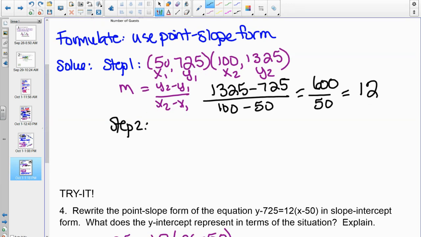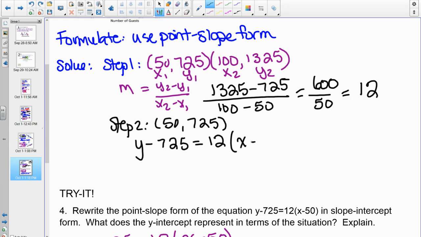Let's just pick the original or the first point like I've been doing. So 50, 725, and we're going to make the equation. So y minus y1, which is 725 in this case, equals your slope, which we found out was 12, times x minus x1, which is 50.